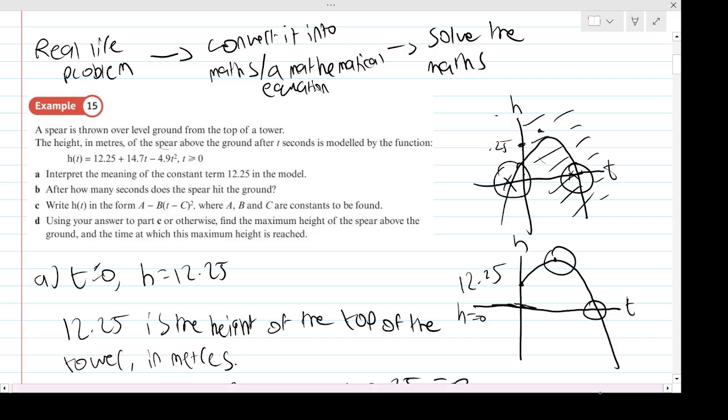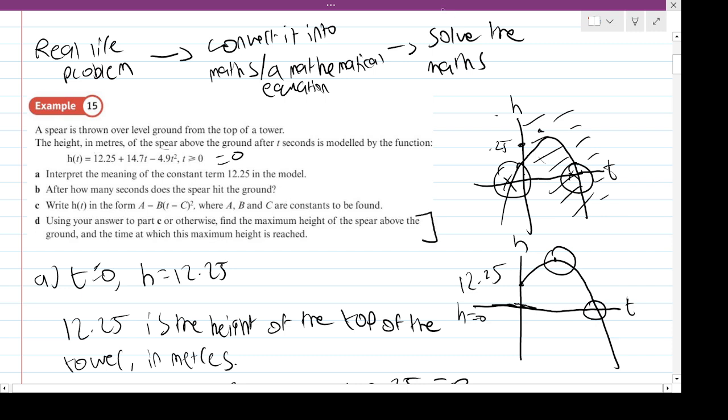So it resembles that, and they told us the maths equation. Then we solved it. We worked with the maths, so we solved the quadratic equation to find when it hits the ground, which we did in part B. We also completed the square to find the maximum height it reaches. So we did some maths there. So we solved the maths. Therefore, we have a solution to the problem, right?